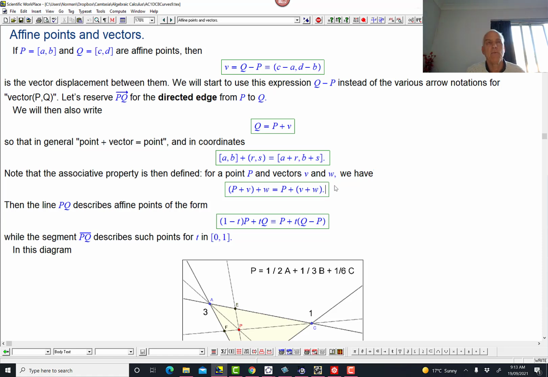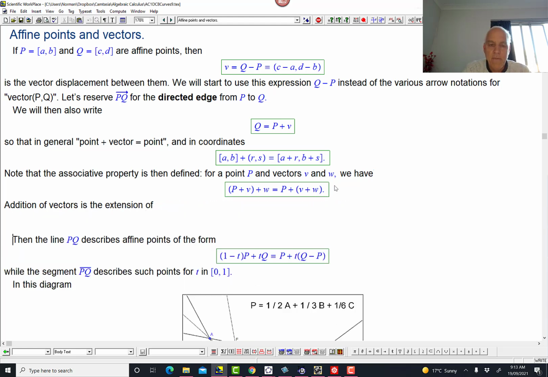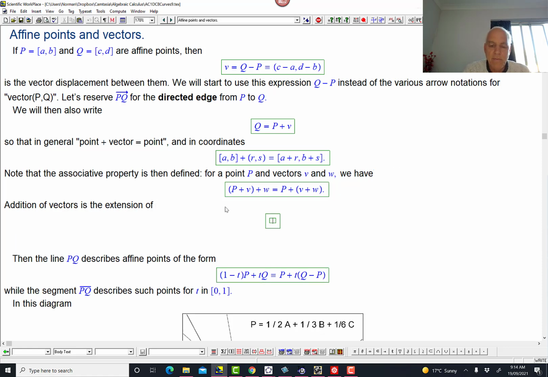It's an interesting thing that we're defining vectors essentially in a subtractive way. But once we've done that, then we can add vectors. So addition of vectors is the extension of the following. Let's say you have P and Q. So Q minus P, that's a vector.